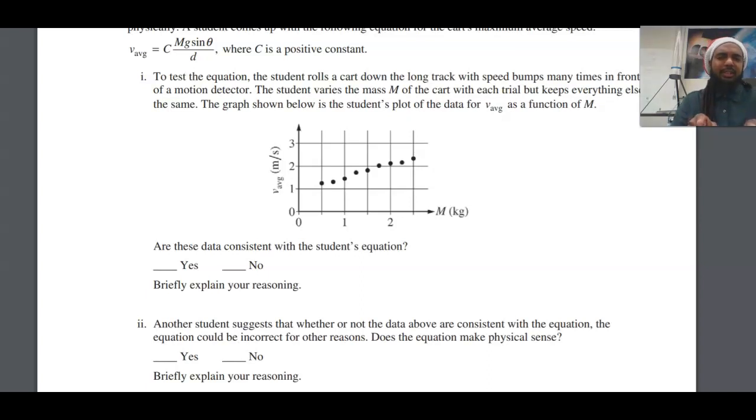humps. So that's saying that if you have a bigger distance between the humps, your average velocity is going to decrease. That is completely inconsistent with what we said in the first part and doesn't seem to make any physical sense.